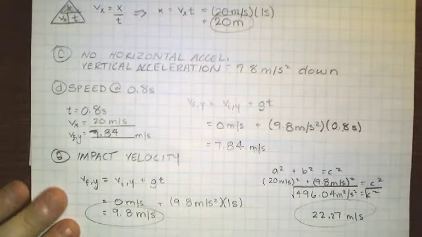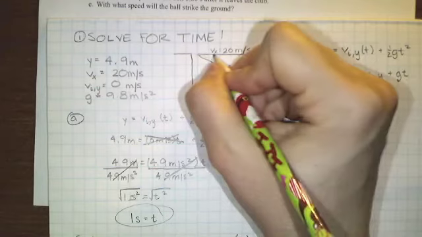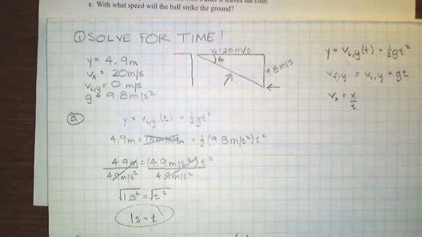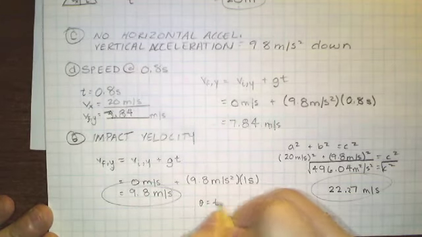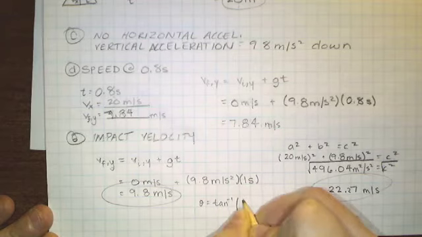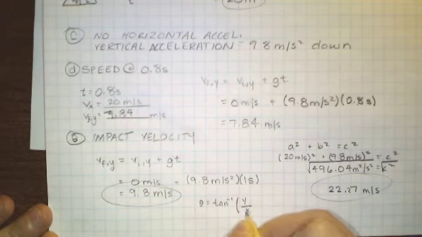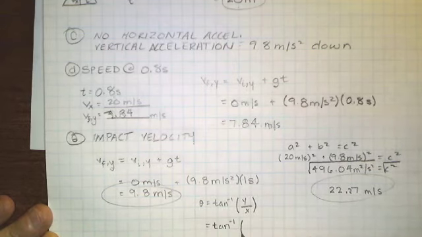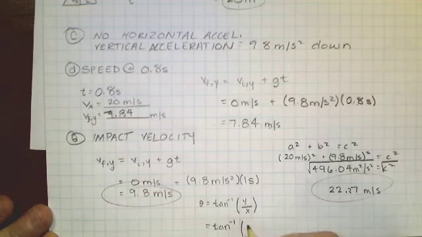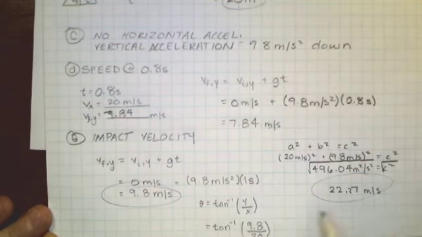But we're still not done, because if you look here, we need to find this angle right here. So we're going to use the inverse tan formula from our last chapter. We're going to go tan^-1 of the y component of the triangle over the x component. Our y component is this 9.8, and our x component is that 20 meters per second velocity.